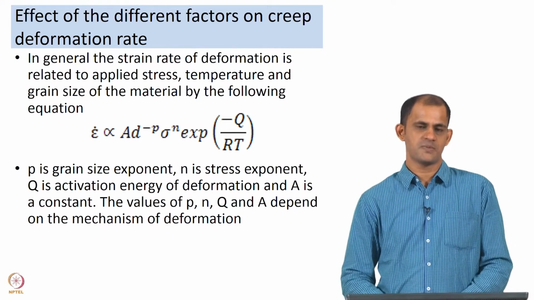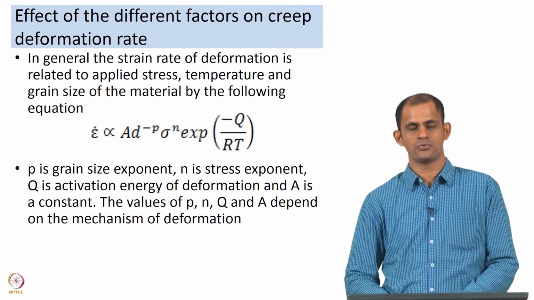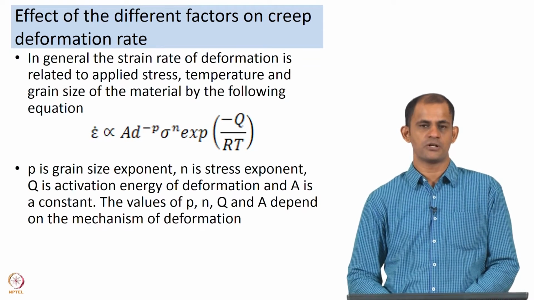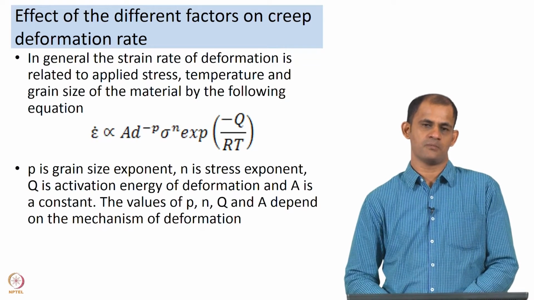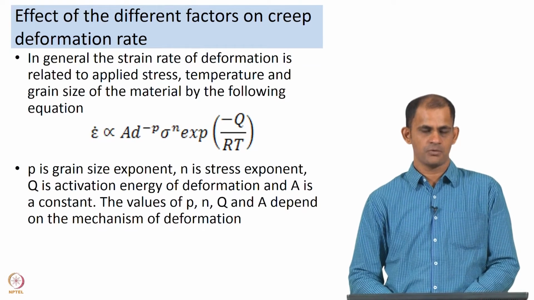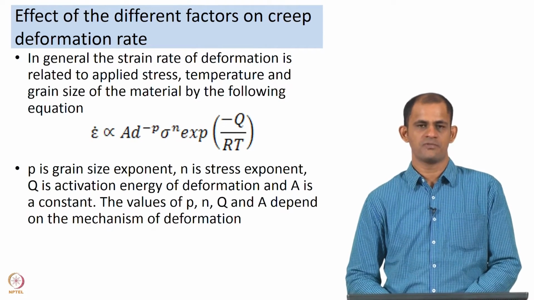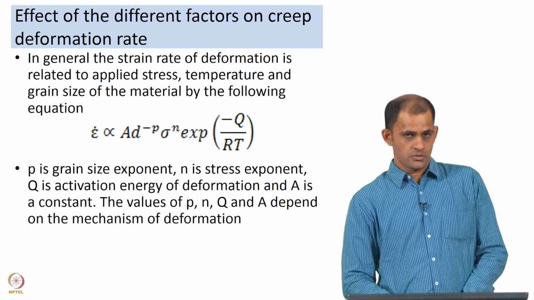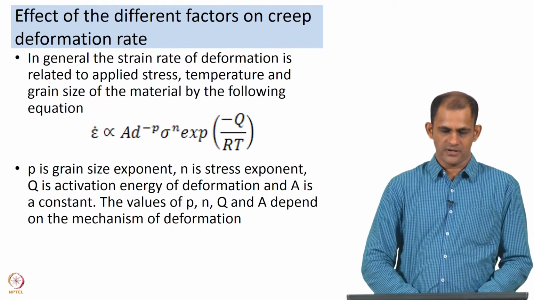So, what this basically tells us is, if you want to find out which mechanism of deformation is controlling creep, you have to find out the values of p, n, Q and A, and from there you will get insights about which mechanism of deformation is controlling creep. So, that is basically the effect of different factors.